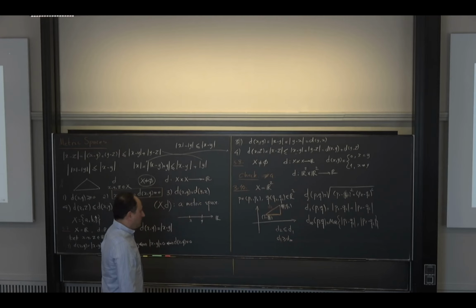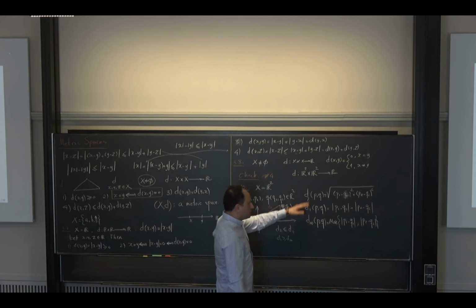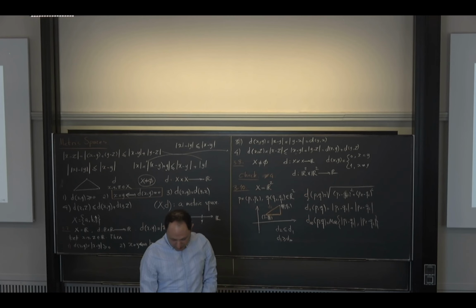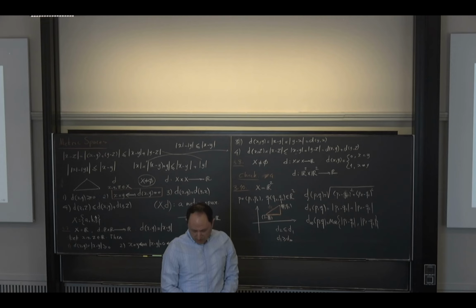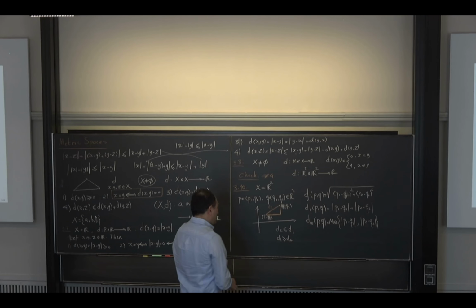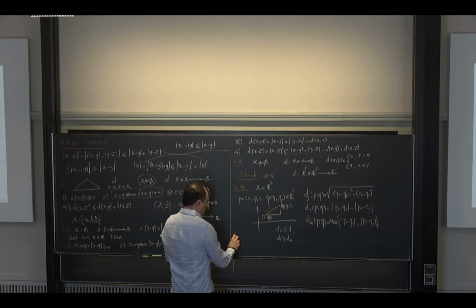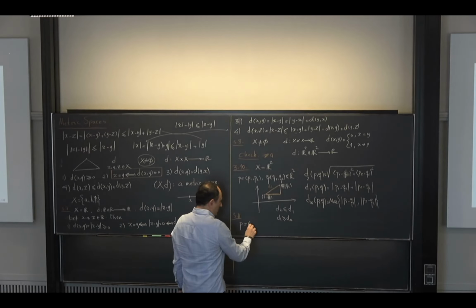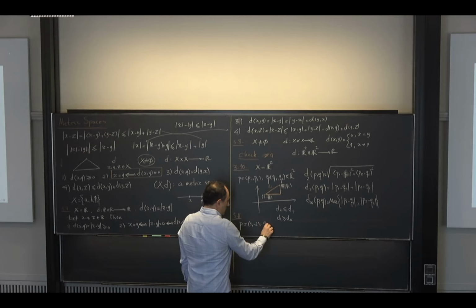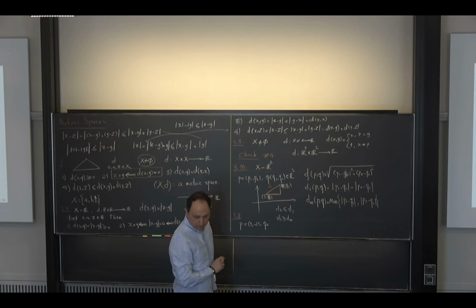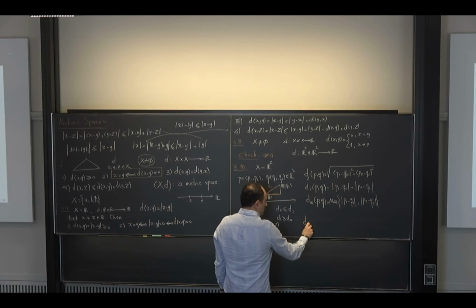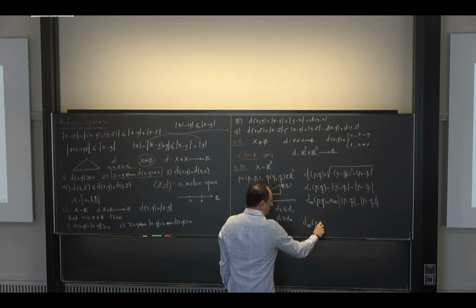But the hard part is to prove the triangle inequalities for them. It's good to sit down and work it out. For example, this is example 3.11. If I give you the point P, 1 and minus 2, and Q to be 4 and 2, and I ask you what is the D infinity of P and Q, what should I do?